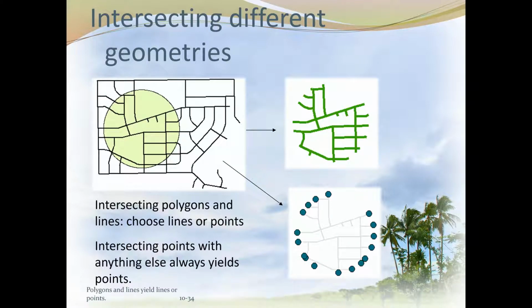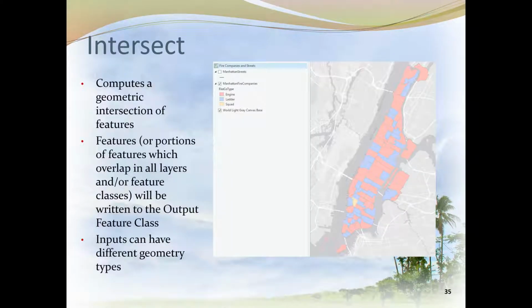If the city intends to put a sign on every street entering the zone, the point output would estimate the number of signs needed and where they should go. That's how it shows here: intersecting polygons and lines, choosing lines or points. Intersecting points with anything else will yield points.